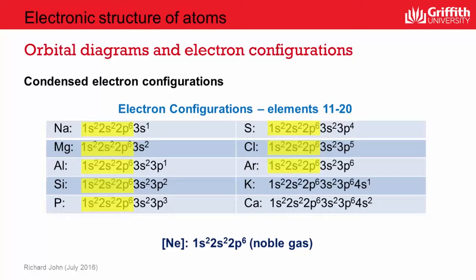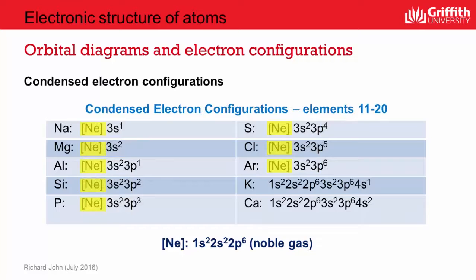So what we're able to do is substitute the neon symbol in square brackets, and they represent the inner or core electrons of an atom.